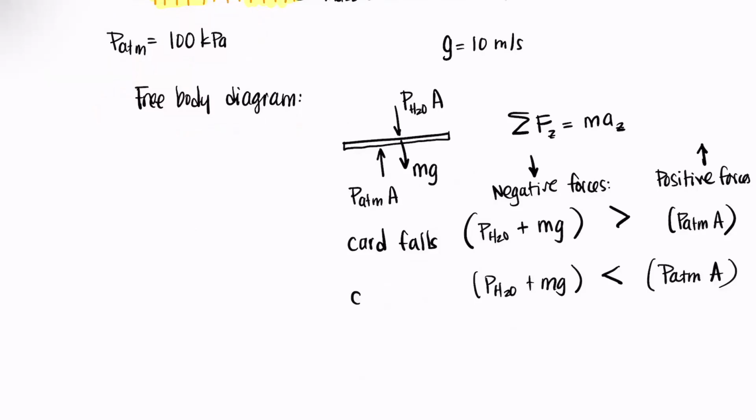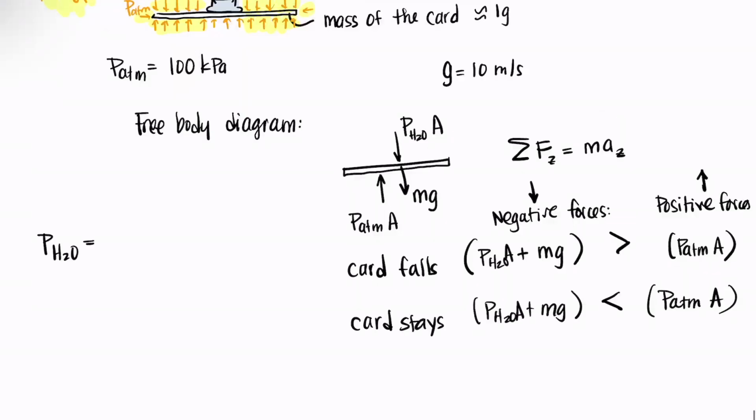Card stays. Okay, so the name of the game is we need to figure out which is the case, right? So let's do it. But first we need to know what is pH2O. I forgot an A on there. Sorry about that. How can we calculate pH2O?